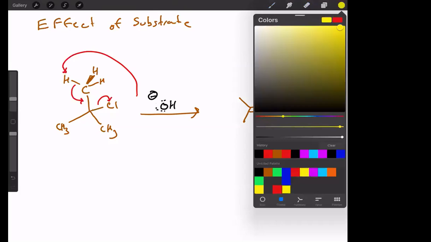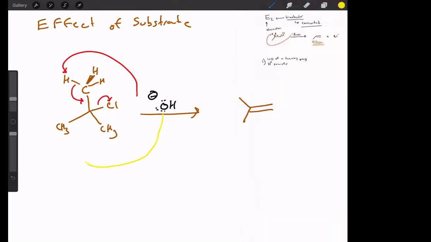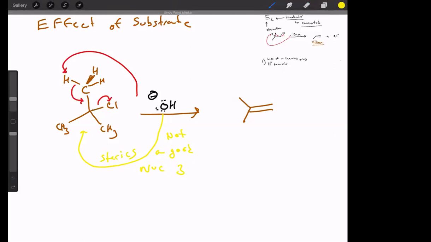If we try to have hydroxide act as a nucleophile, oh, there's too much hindrance here. So it doesn't really act as a nucleophile, because we have a tertiary substrate. There's too much steric hindrance for the hydroxide to react as a nucleophile.